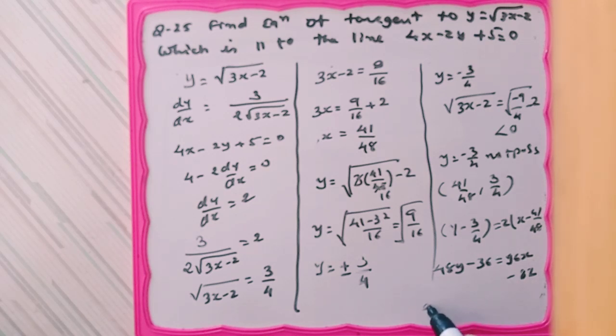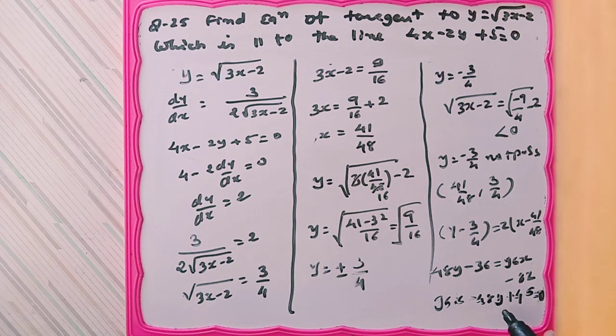Then it will be 96x − 48y − 82 + 36. It is 96x − 48y − 46 = 0, divided by 2, and 48x − 24y − 23 = 0.